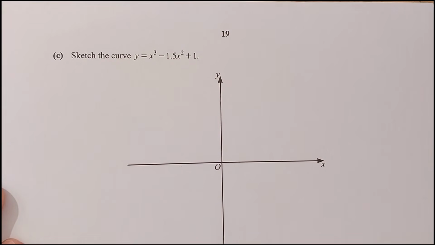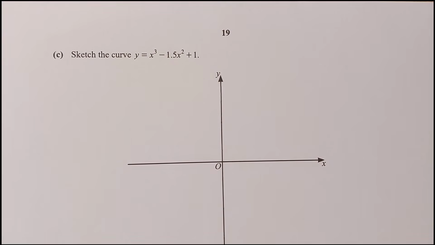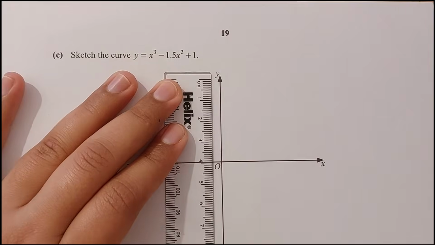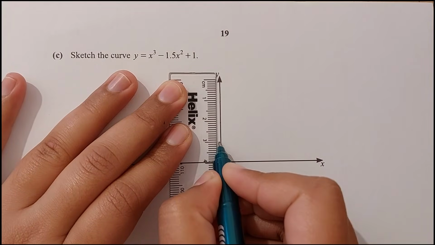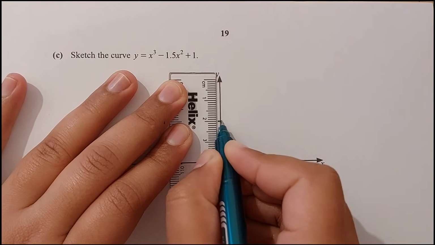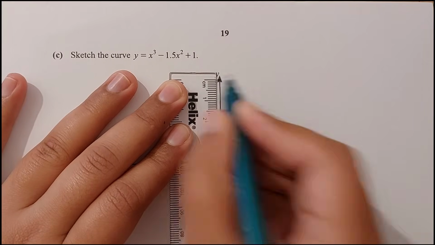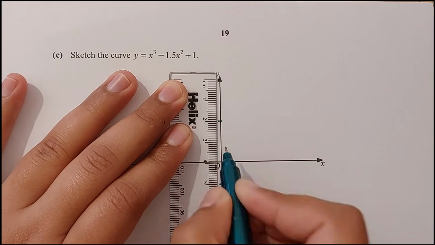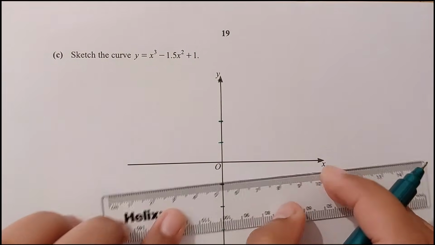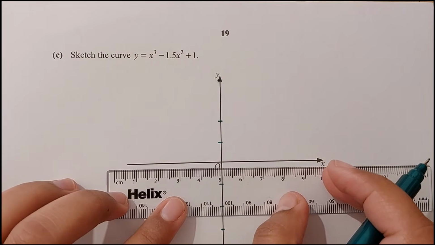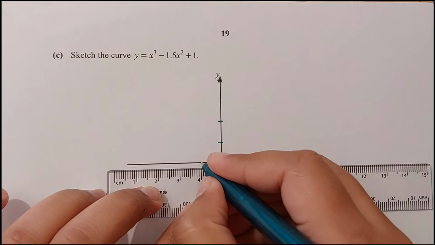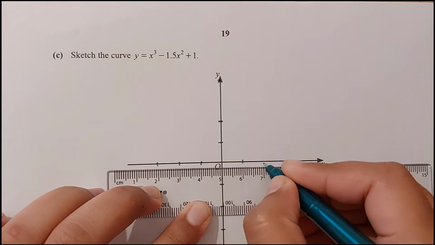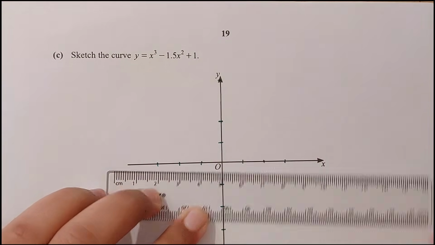And now we have the turning points. Let me plot the turning points. Let's say this is 1 and this is 2, and from here it is minus 0.5 here, and using the same thing here, this is 1, 2 and 3, right?